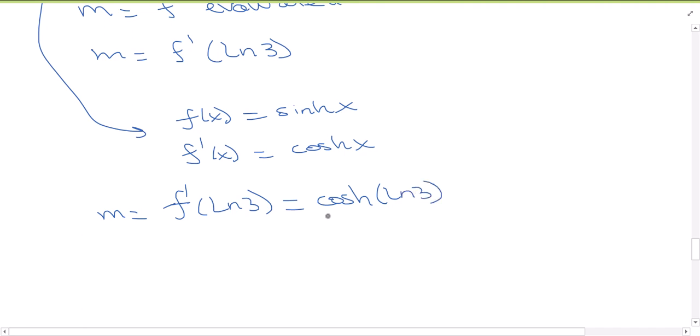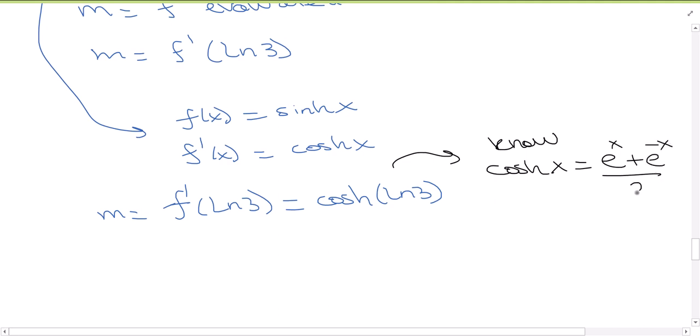Our calculators don't have hyperbolic cosines, so I can't just put it into a calculator, but luckily we know the definition. What do we know about cosh x? We know that cosh x is equal to e to the x plus e to the minus x, divided by 2. And so now we can use that to evaluate.